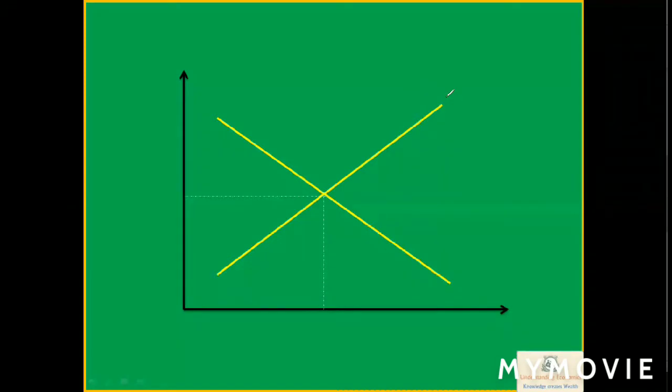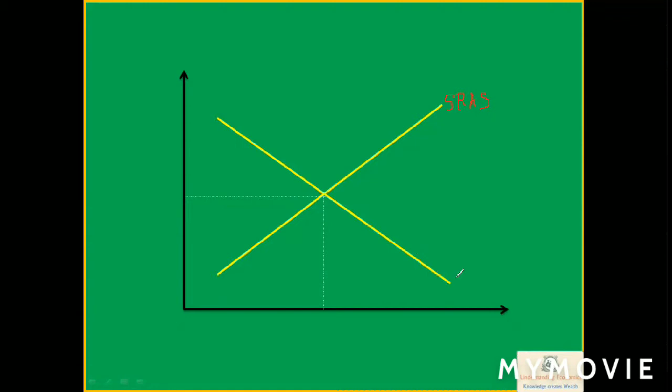So we will now name each of the curves. This is our short-run aggregate supply curve, which we have taken as a straight line, and we will name it short-run aggregate supply. And this is our aggregate demand curve.